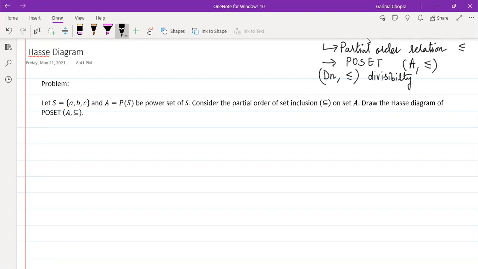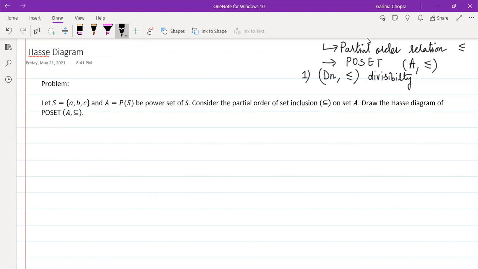Dn is the set of divisors of natural number n. We have proved in the live session that this particular example, under the divide relation, is a poset.